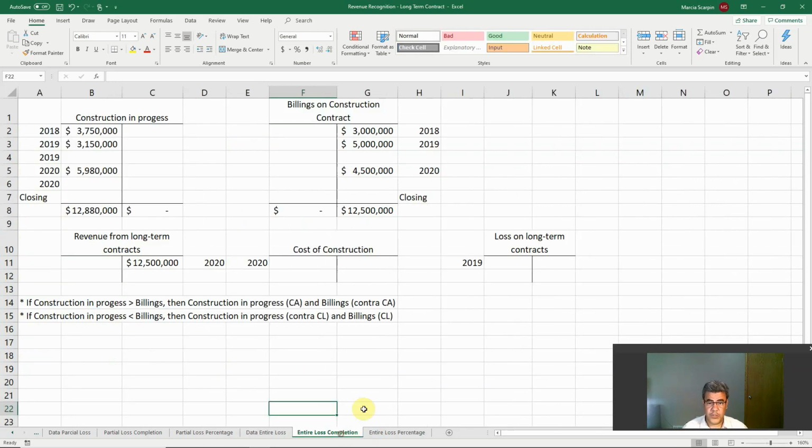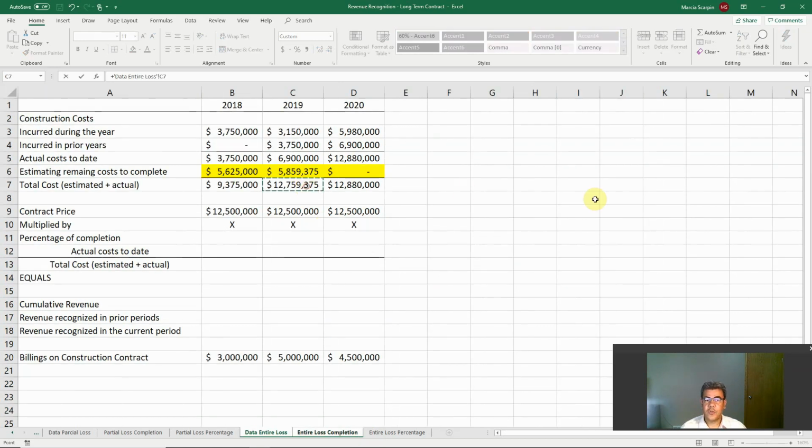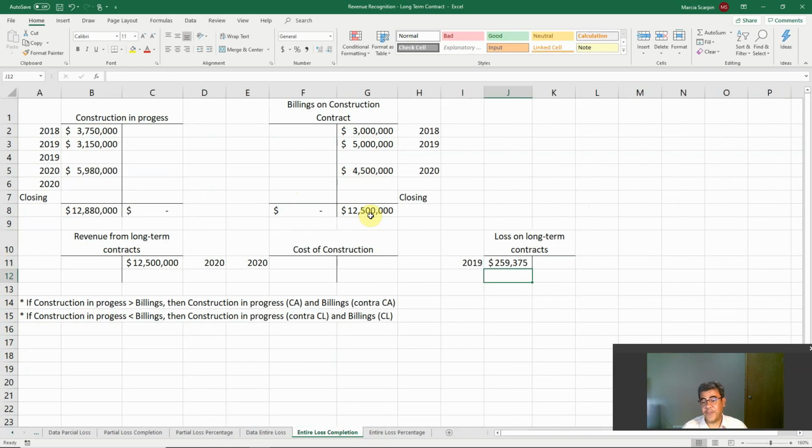So what do we do here? We recognize this loss. How much is the loss? 12.7 less 12.5. So we have a loss here, 259. And then the credit is our construction in progress.